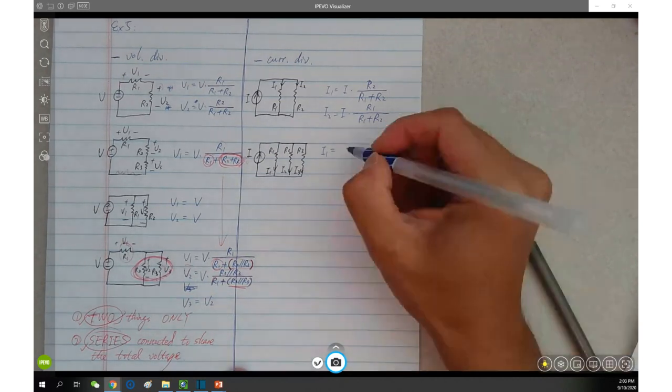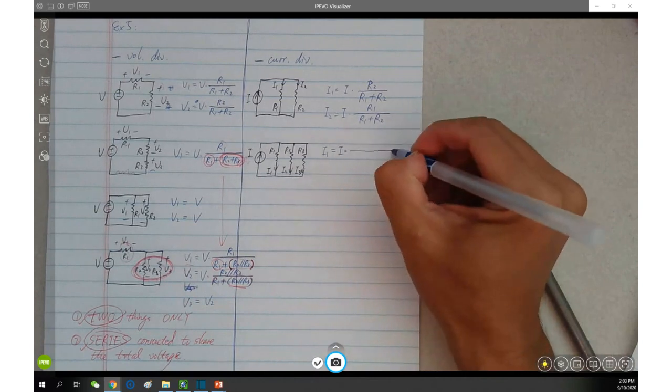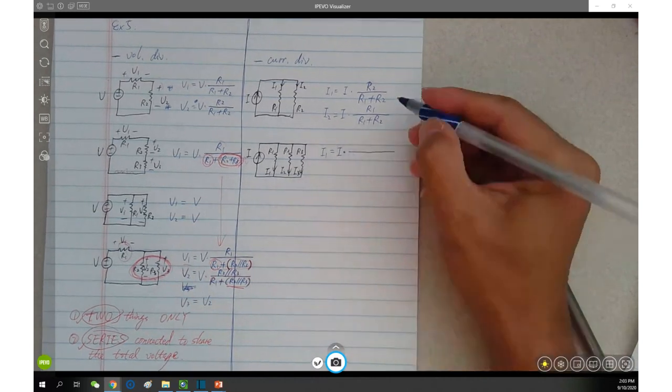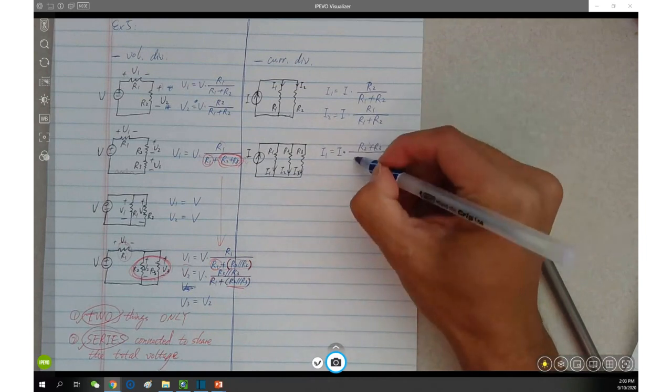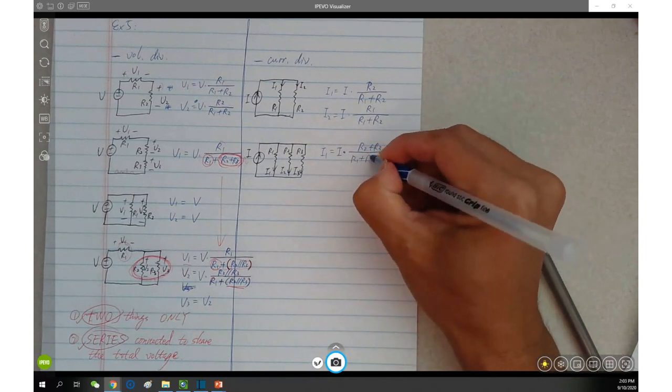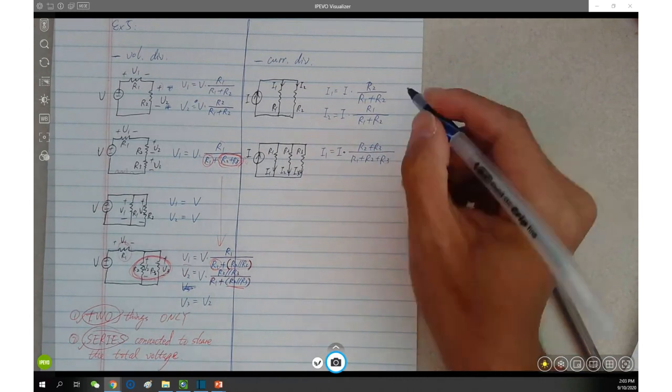It equals total current times the ratio, right? Numerator is the other ones, R2, R3. Denominator is R1 plus R2 plus R3, right?